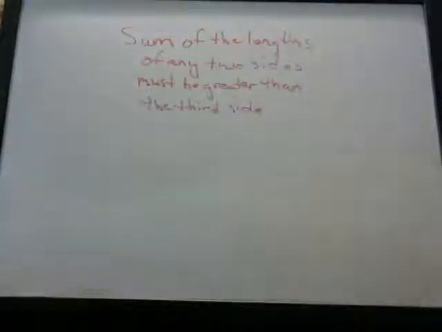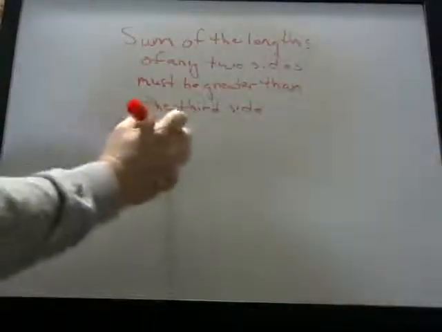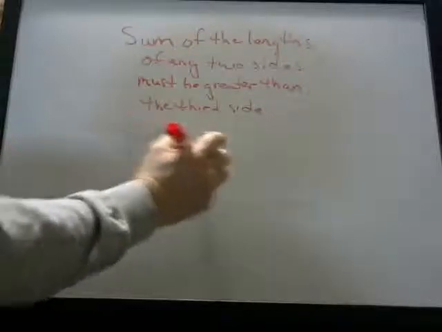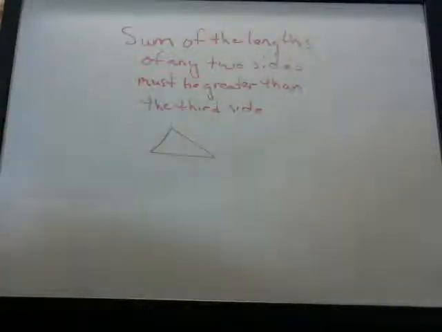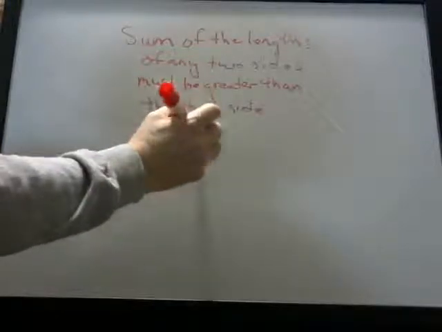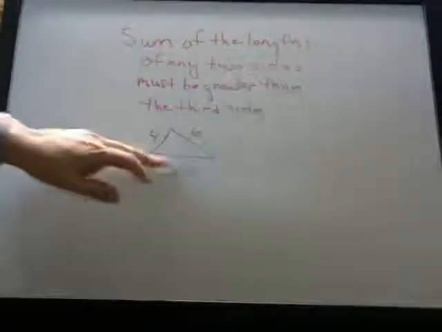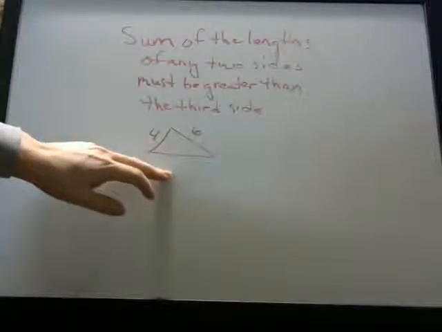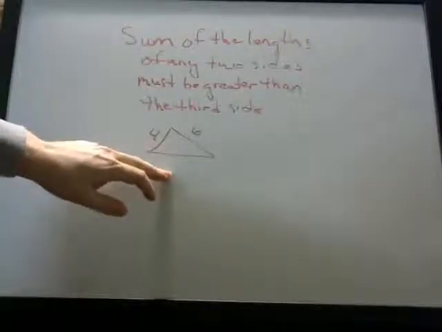So what does that mean? You might get a question, something like, you have a triangle like this, and this side is, we'll say 4, this side is 6. What length can this be, or what length can it not be?